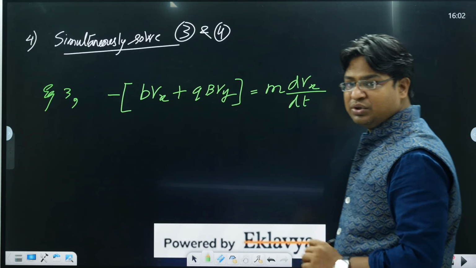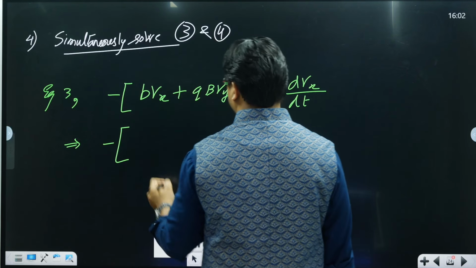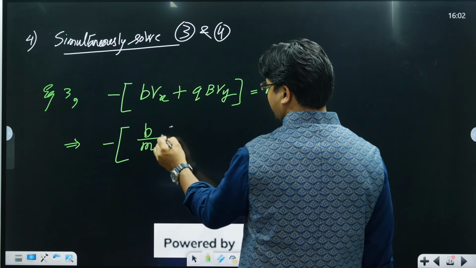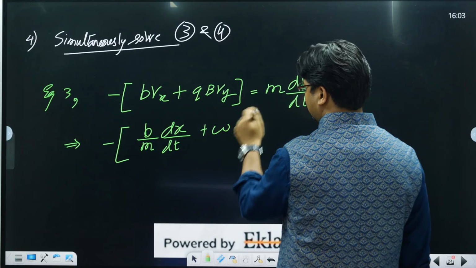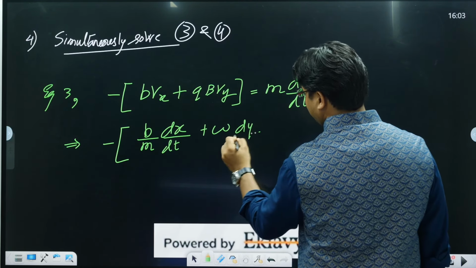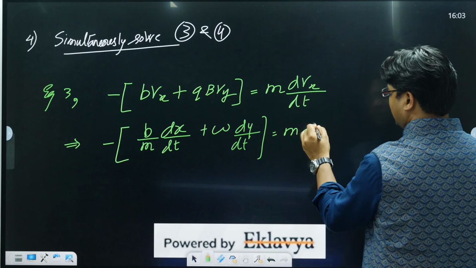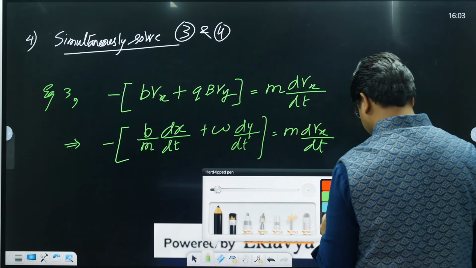Now what you can notice from here is that minus B by M, Vx can be written as dx by dt, plus omega, since QB by M is omega, into dy by dt, is equal to M dvx by dt. So dt gets cancelled from everywhere.